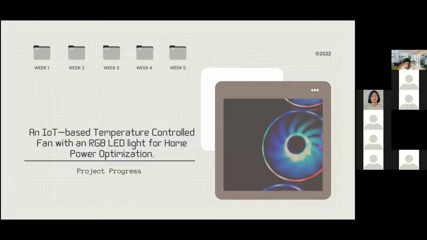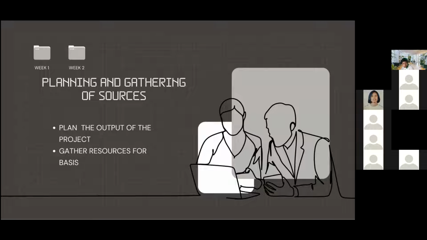So, good morning, everyone. We will be presenting to you our project progress entitled An IoT-based temperature-controlled fan with an RGB LED light for our home power optimization. Let's now move on to the next slide.